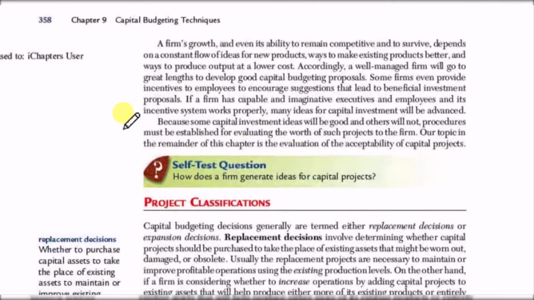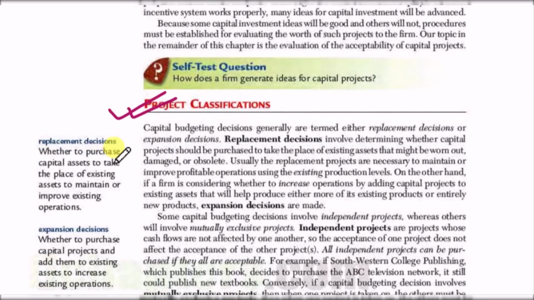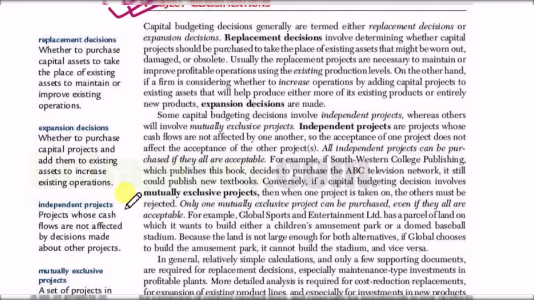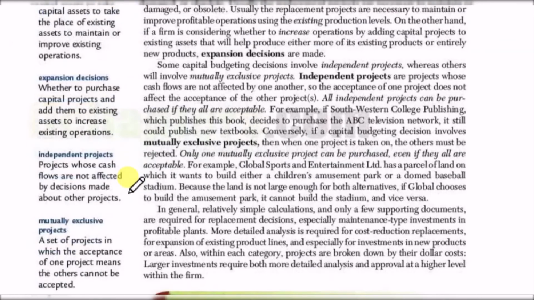Then project classifications. First, replacement decisions, that means whether to purchase a capital asset to take the place of existing assets to maintain or improve existing operations. Expansion decisions: whether to purchase capital projects and add them to existing assets to increase existing operations.